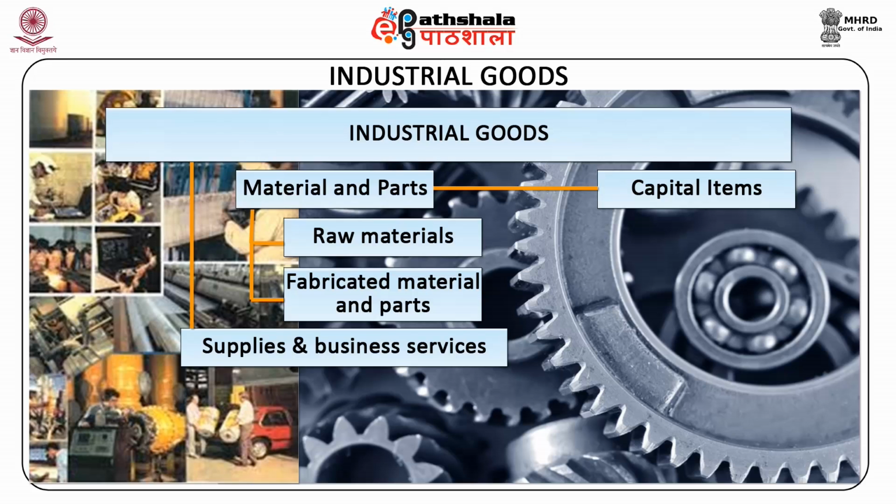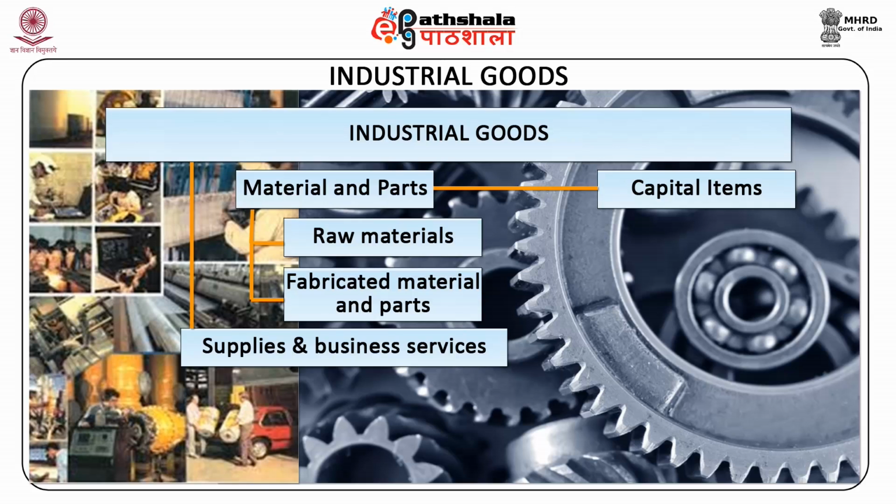Second, fabricated material and parts. These are manufactured products of one production unit such as iron, yarn, cement, wires, etc., and are required by another production unit to be processed further and finally become part of the finished goods.